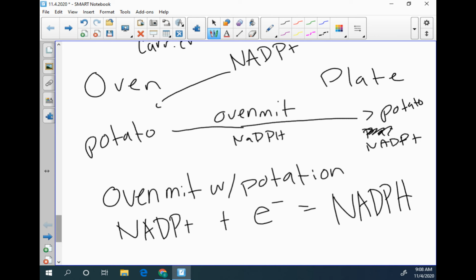Only when the oven mitt has the potato, or only when the electron carrier has the electron, is it NADPH. When it doesn't have the electron, it is NADP+. Does that make sense? Okay. Yes, all right.